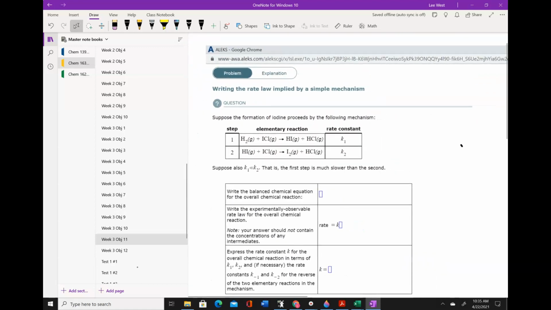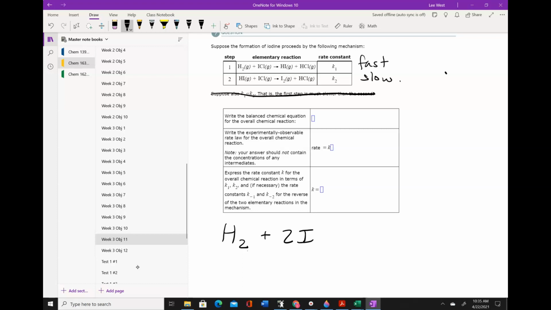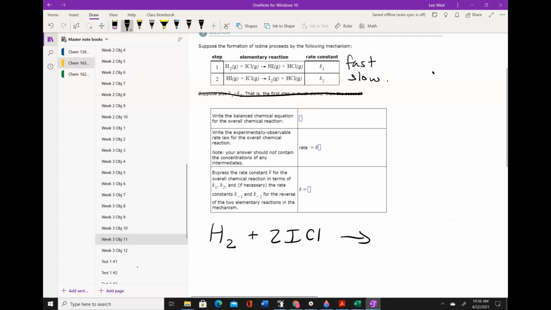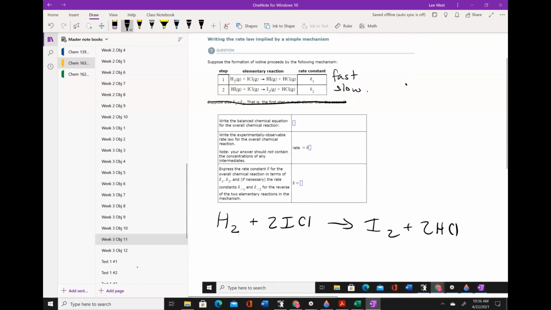Okay, so what I'm going to do is I'm going to pretend that that's not there, and I'm going to pretend that this is fast and this is slow. So my balanced chemical equation, if you recall, was, I'm not going to repeat that, but we add the two together. It was this, that was my balanced chemical equation.